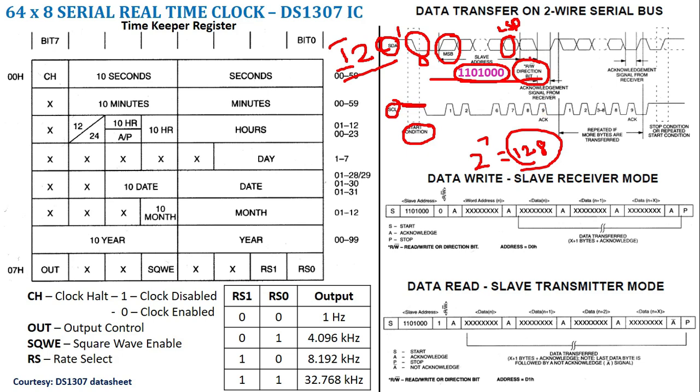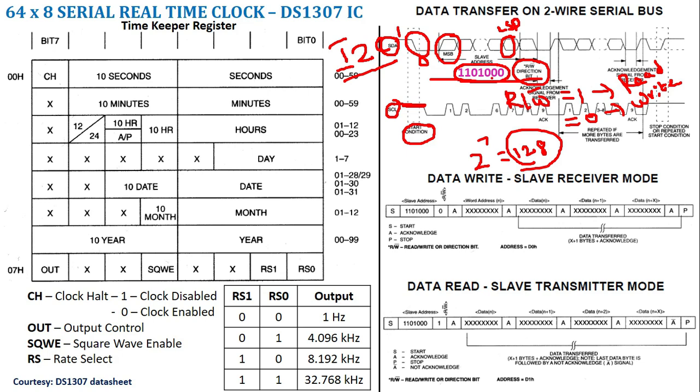This is R/W bar. If this bit is 1, it is a read operation. If this bit is 0, it is a write operation.